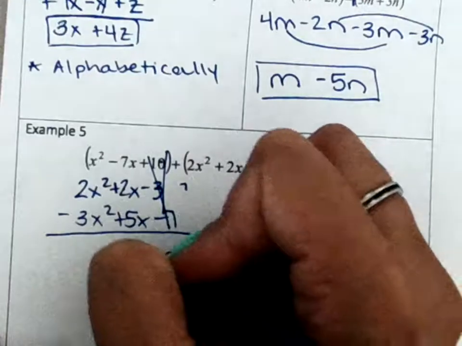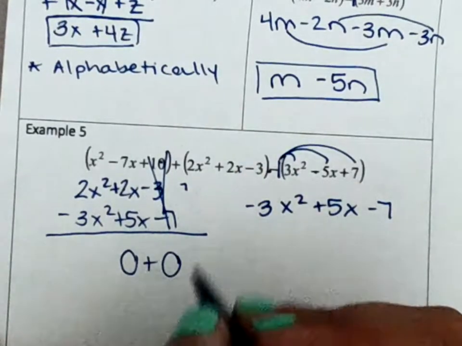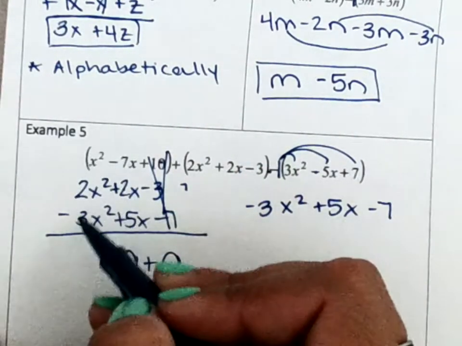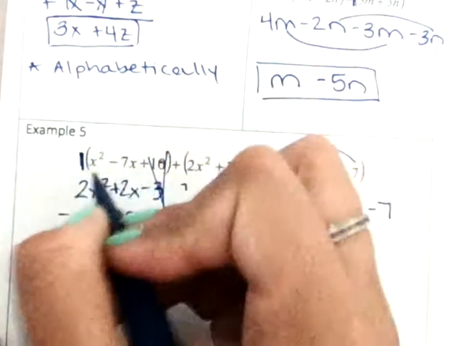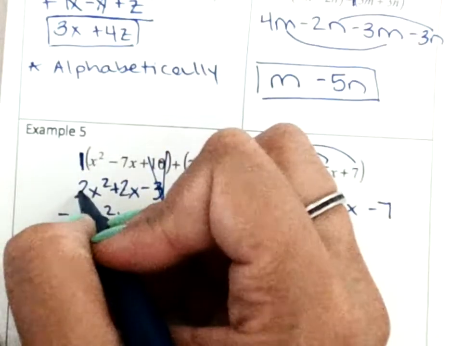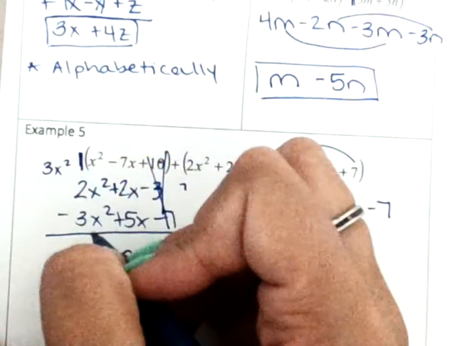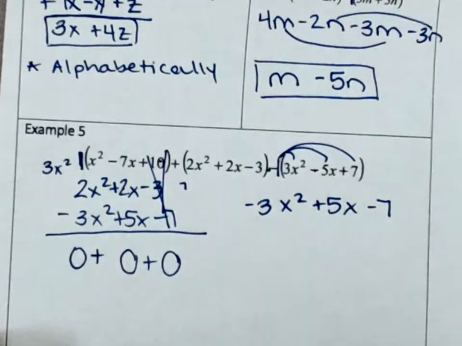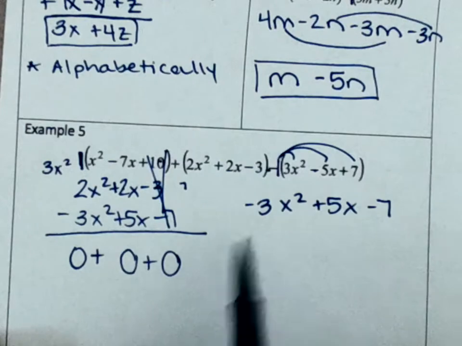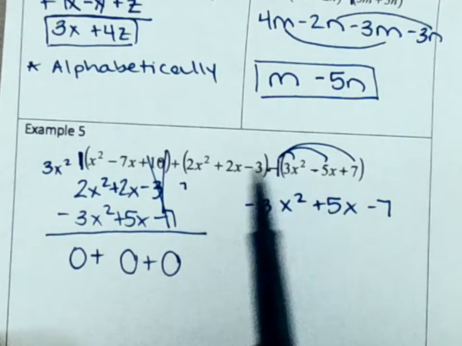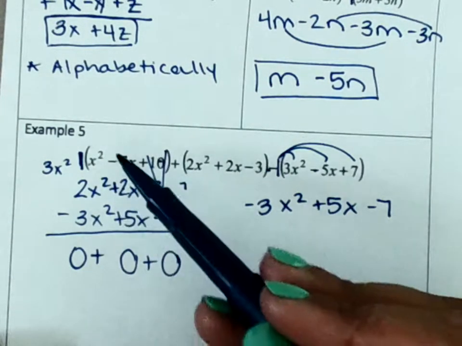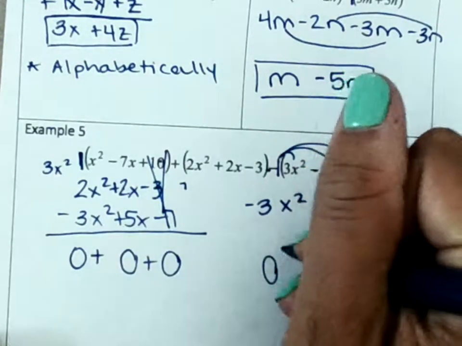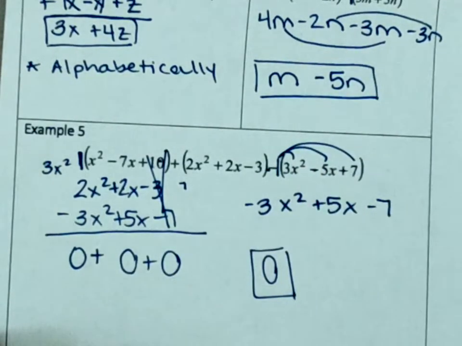So right now, we're just left with a bunch of zeros. In our last column, we have 1x squared plus 2x squared, which is 3x squared. 3x squared, take away 3x squared, is also 0. So we found that once we combined everything in this polynomial, everything canceled out, leaving us with a value of 0.